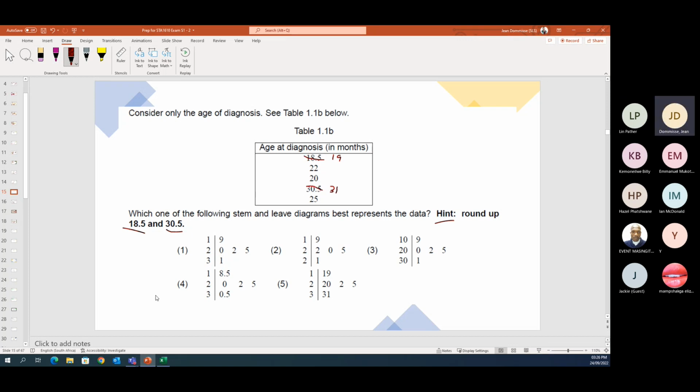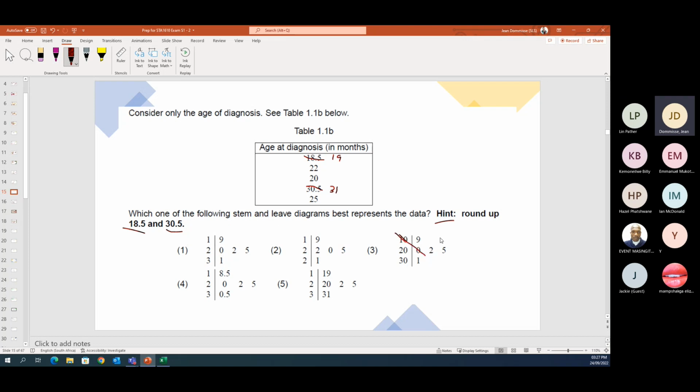Okay, so then if we put it into a stem and leaf, let's just see what options. So the smallest number is 19. So this number is 109. So you can't have anything with a 10 or 30.